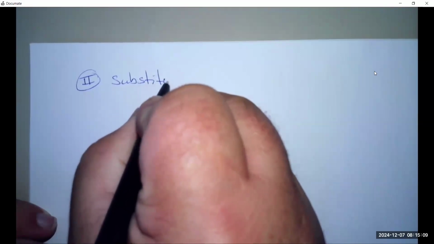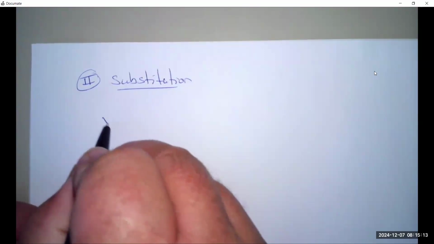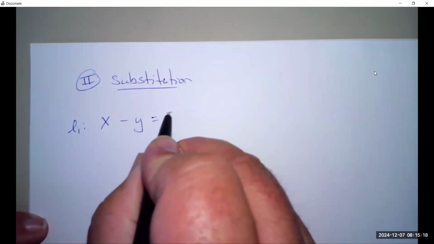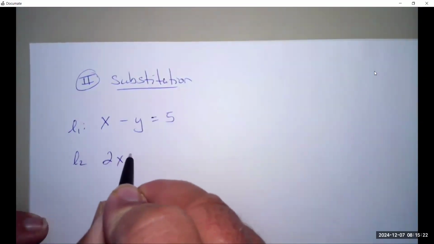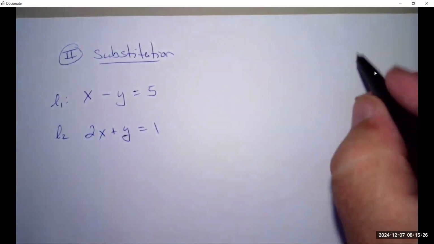Same equations. We'll do something called substitution. We have line 1 is x minus y equals 5. Line 2 is 2x plus y equals 1. Here are the steps.